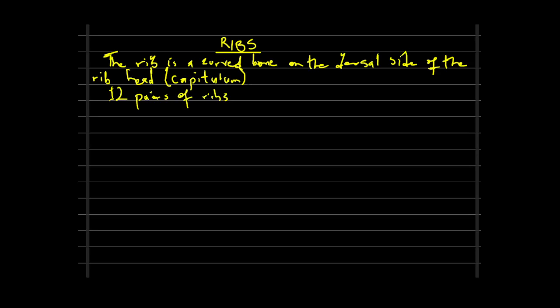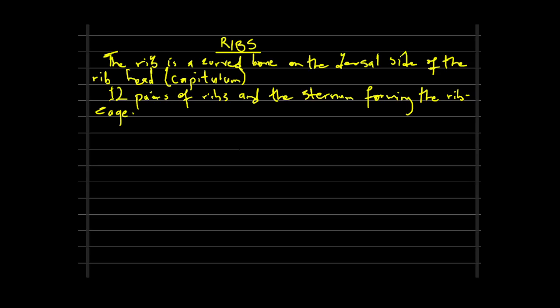And the sternum, which together with the ribs forms the rib cage. So it is these 12 pairs of ribs, that is 12 on either side.